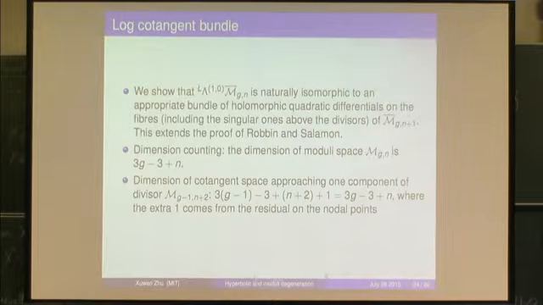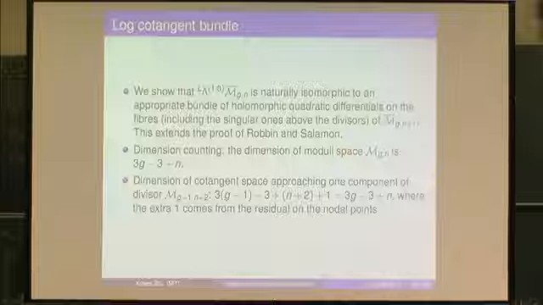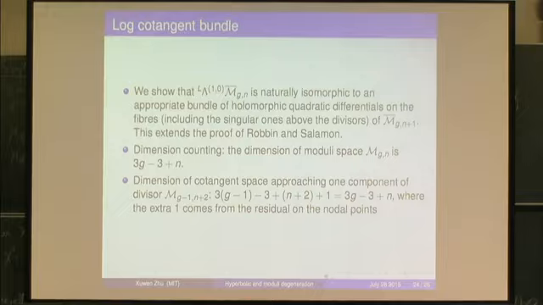Intuitively, I'd like to give a dimension counting argument here. It's not an argument; it's just an intuition. As we know, the complex dimension of the moduli space M_{g,n} is 3g minus 3 plus n. Then if we degenerate to a divisor, which is nearby M_{g-1,n+2}, and we put in g minus 1 and n plus 2, it's 3(g-1) minus 3 plus n plus 2.